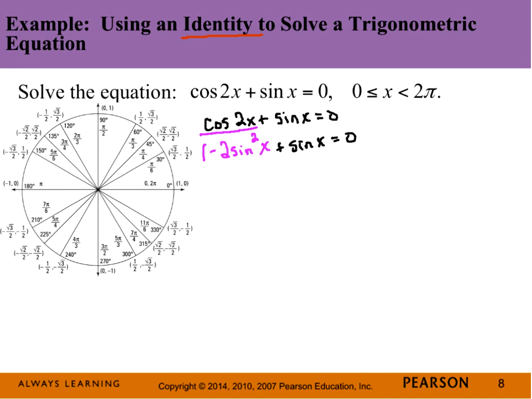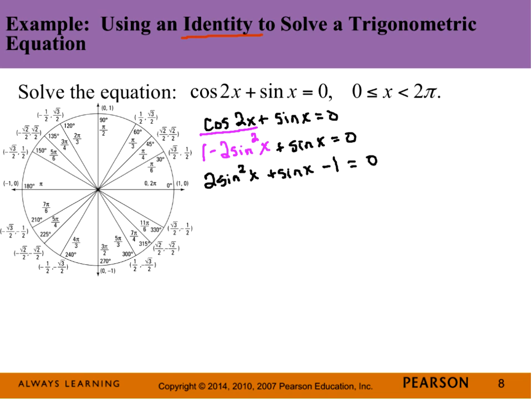So I can rearrange this as 2 sine squared x plus sine of x minus 1 equaling 0. All right, so I'm going to, off to the side, do some factoring for you.